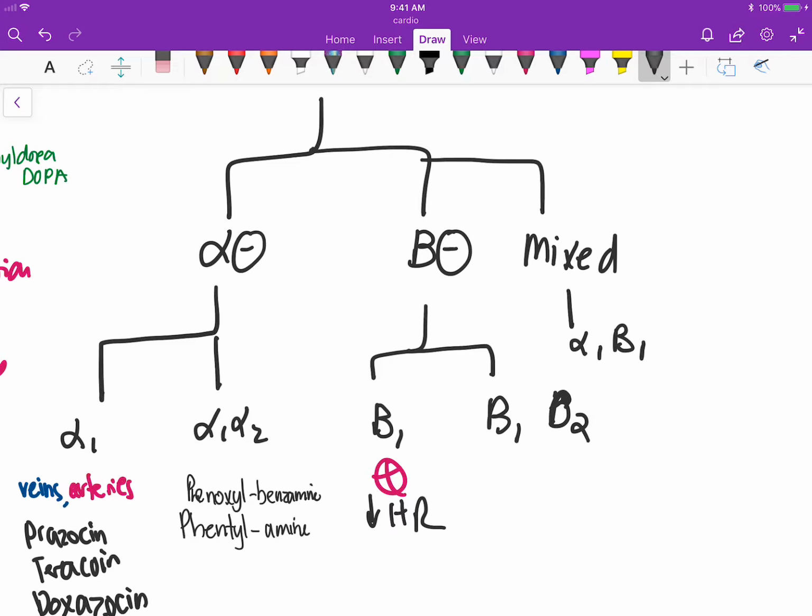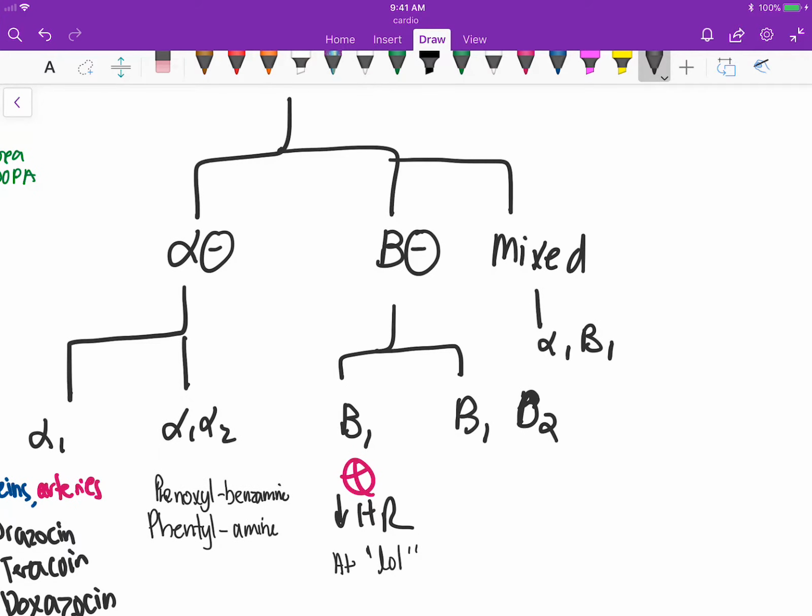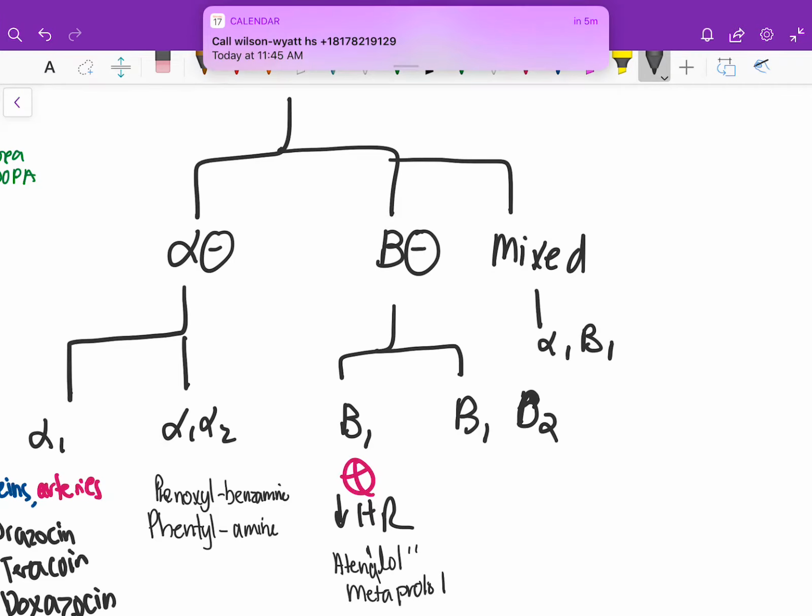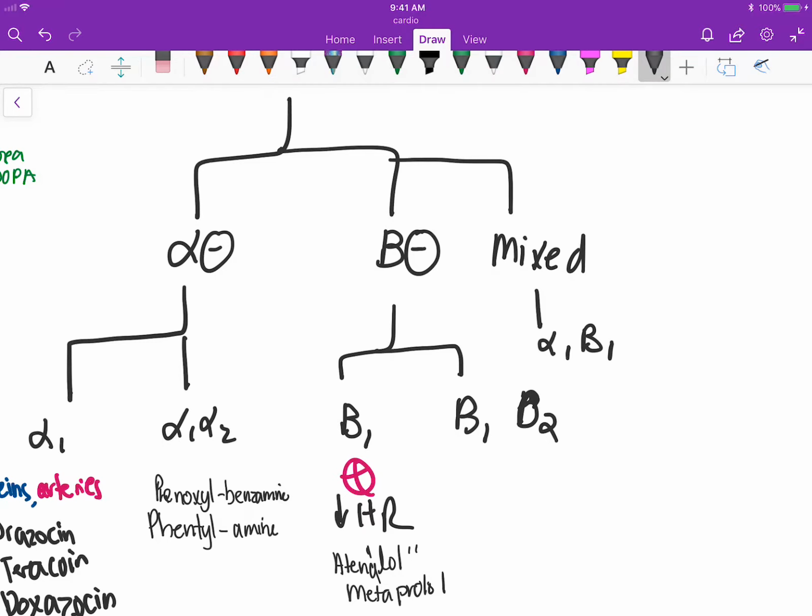And then you have, of course, the beta 1 blockers that are the -lols. So that's going to be atenolol and metoprolol. Beta 1 and beta 2 non-selectives are going to be propranolol.